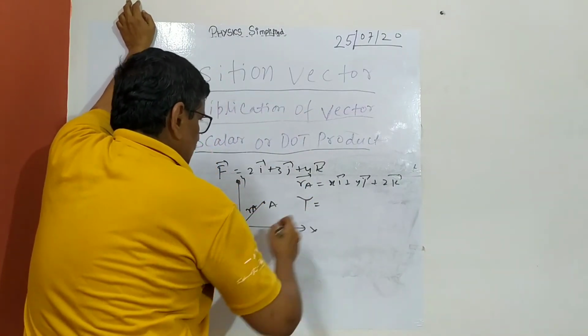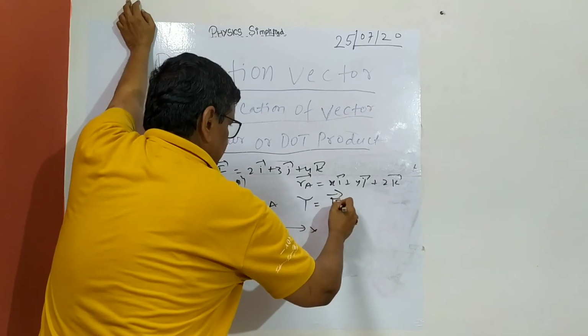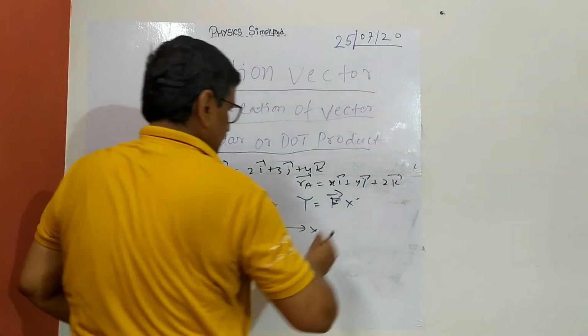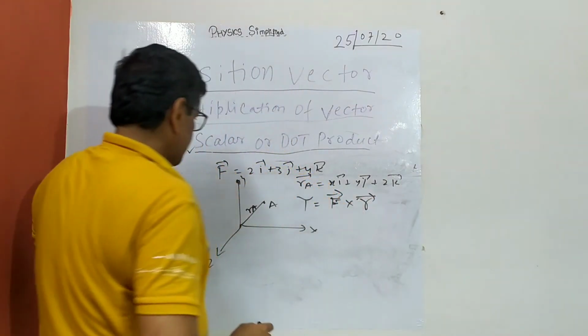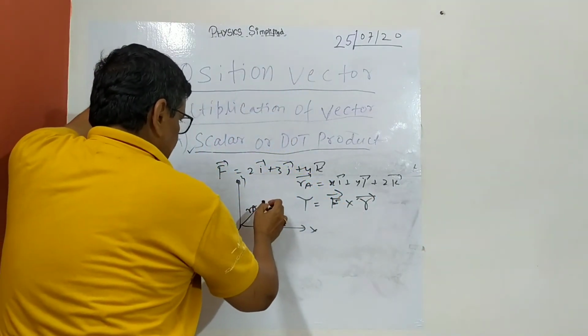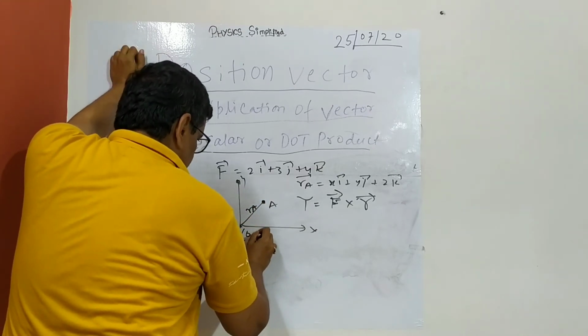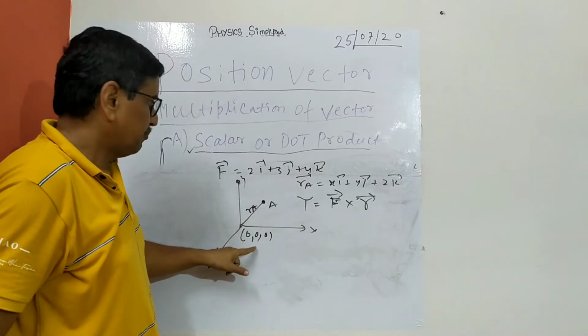So what is torque? F cross R. So cross product term F cross R. If the question says calculate the moment of this force about origin, this is origin, but that may be any point.